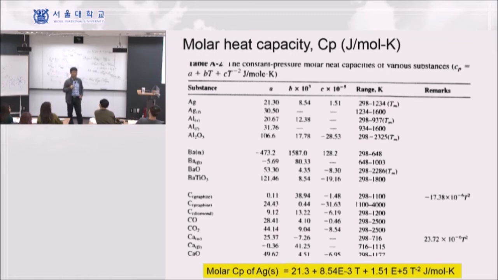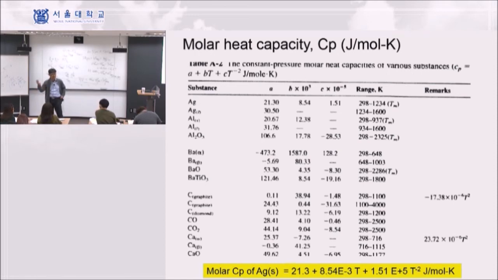So typically we can extrapolate those heat capacity functions above the range by about 100 or 200 Kelvin. We can still use the equation. Okay? But if you go to 1000 degrees above that limit, then the heat capacity function may be completely wrong. But up to a reasonable temperature range, about 100 or 200 Kelvin more, is reasonably okay.